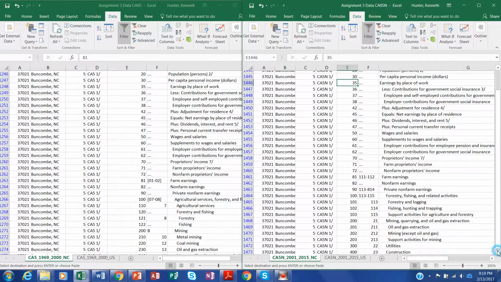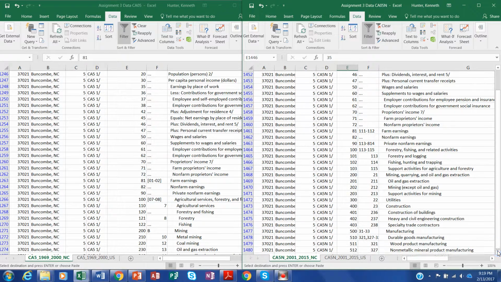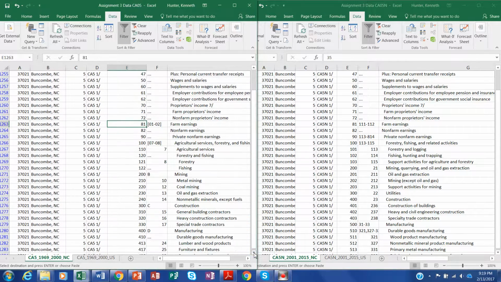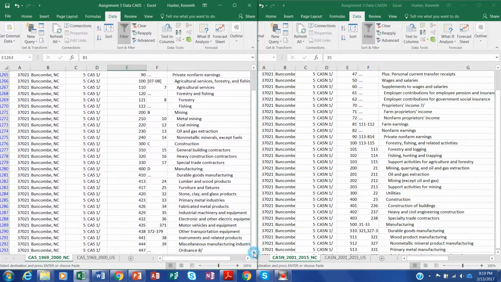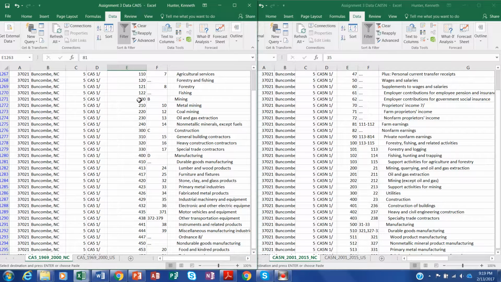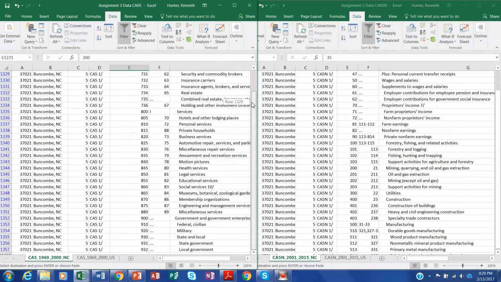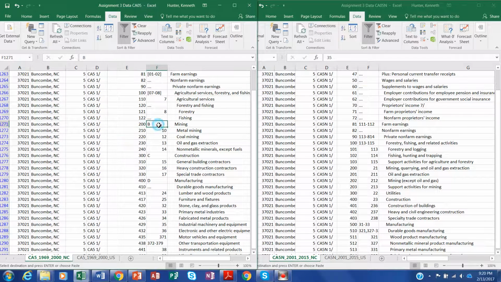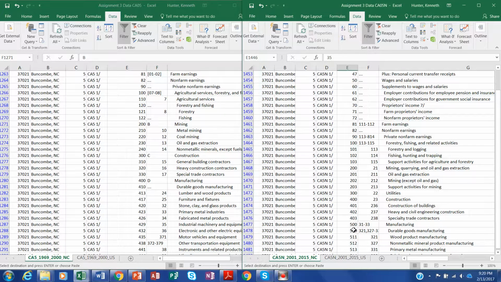But when you start looking a little deeper, for example, you have mining activity. Well, here in SIC under CA05, mining is line code 200, and it has an industry code of B. It was industry B. Whereas over here in the NAICS of table CA05N, mining is actually a little different.